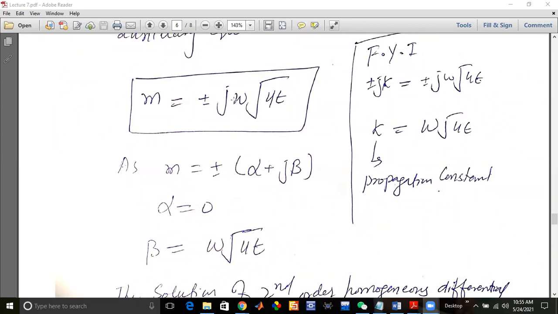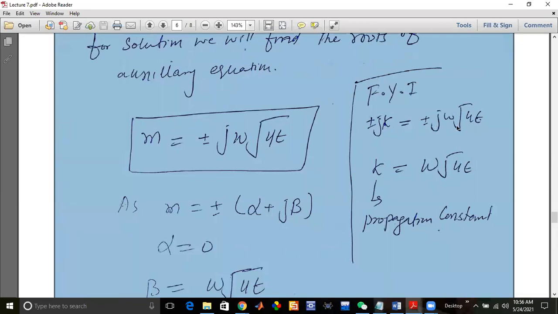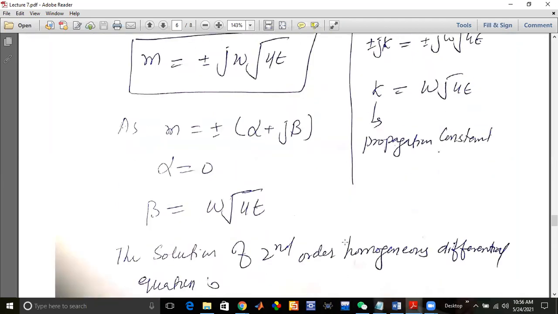Here you know that this is only j omega, it means the alpha is 0. So beta is equal to omega square root of mu epsilon. But here we will say that this is not beta, this is k. That jk is equal to j omega square root of mu epsilon, and k is equal to omega square root of mu epsilon. And k is called the propagation constant.